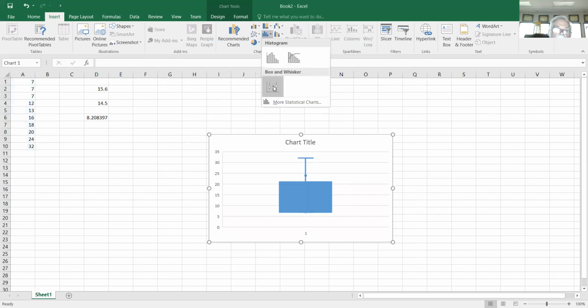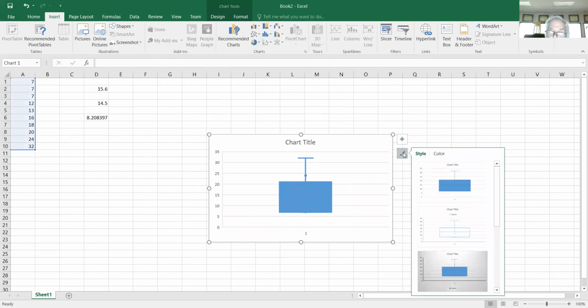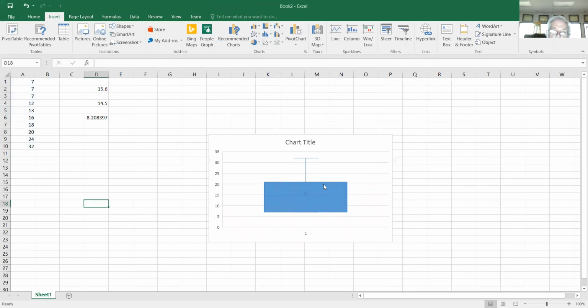So what we have is error bars. Okay. Error bars are, let's change the color of this if we can. See it a little bit more. So here we're focused on the median.